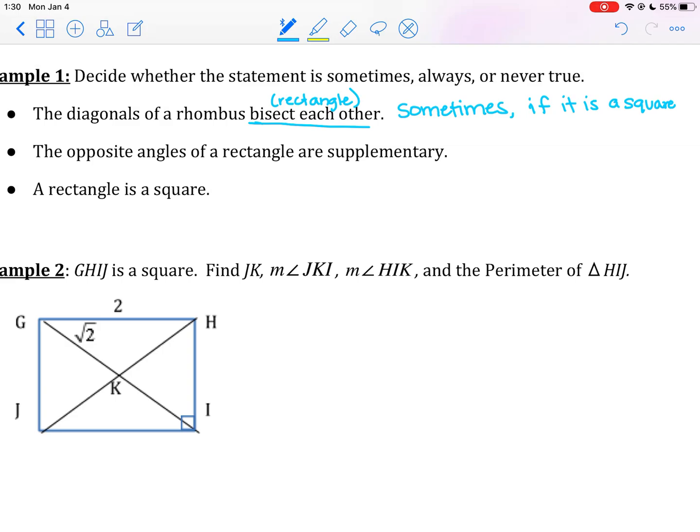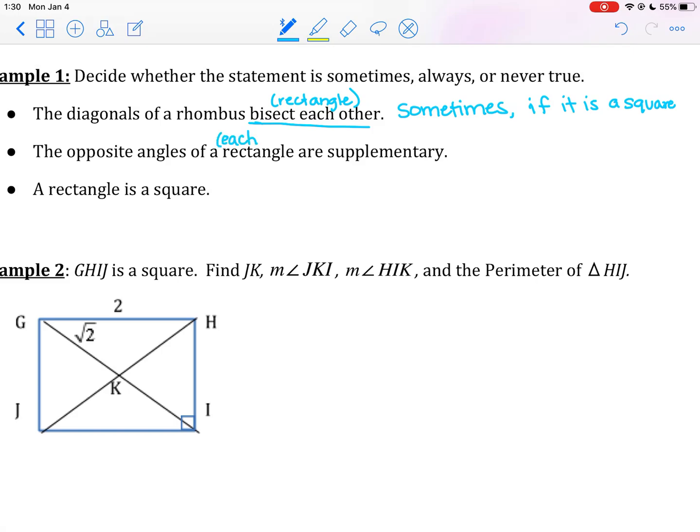All right, the next one says the opposite angles of a rectangle are supplementary. If we think about that rectangle, it's equiangular, and since the angle sum of a quadrilateral is 360 degrees, each angle is 90 degrees.